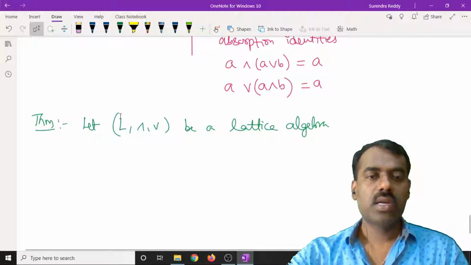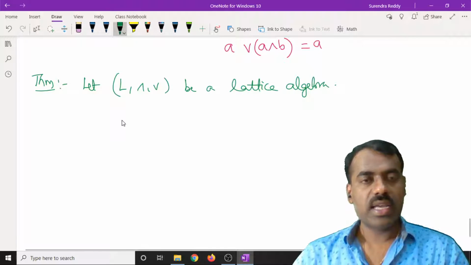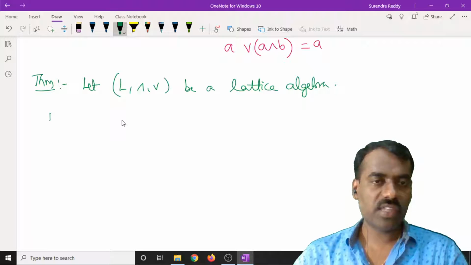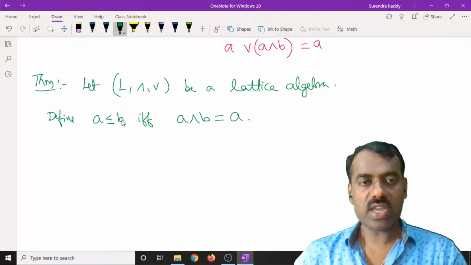Okay, then we want to define a relation in such a way that you get a poset and it is a lattice. Okay, so for that, define A less than or equal to B if and only if A meet B is equal to A. So we are defining this.